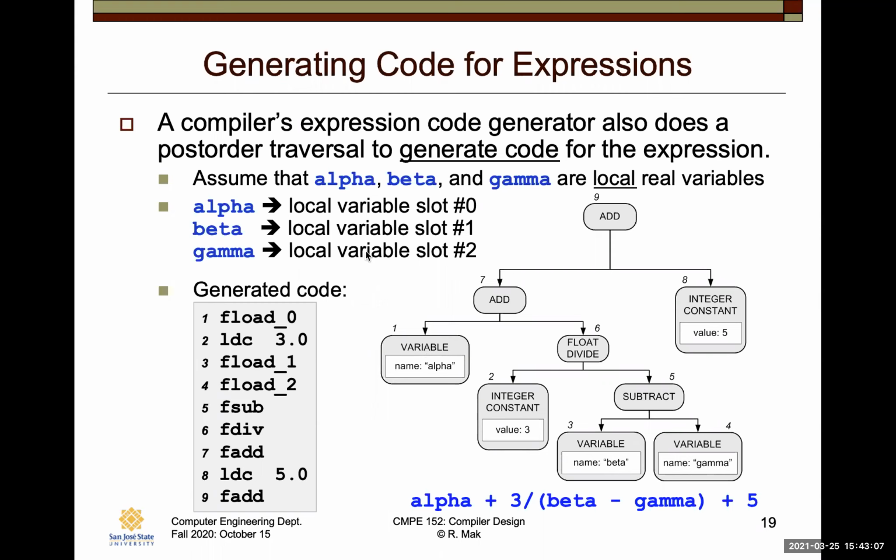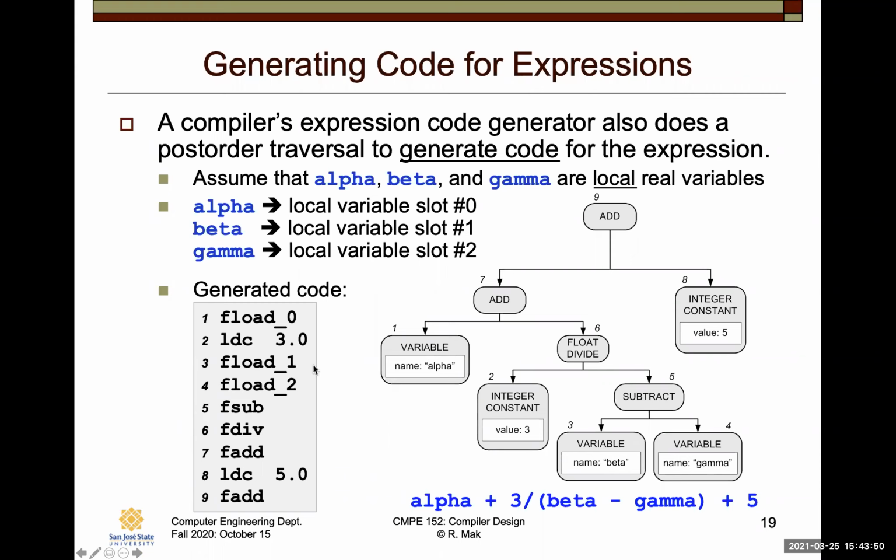If we assume that alpha is in slot 0, then when we visit this particular tree node, we have to emit an F load, to load a float value, to push a float value onto the operand stack. And if the symbol table entry for alpha says it's in slot 0, we can emit this shortcut instruction that says push the contents of slot 0 onto the operand stack. So that's what we do for a variable node.